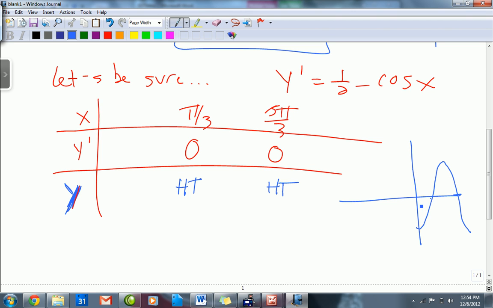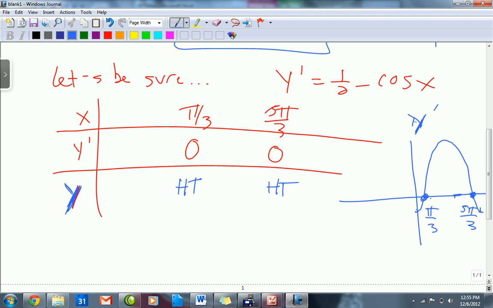So here's essentially what our derivative is going to look like. That's a rough sketch of our derivative, using a little graph translation theorem. What we found really are these two zeros of the derivative, pi over 3, and right over here, 5 pi over 3. And what I want to evaluate is the sign of the derivative around those critical points.